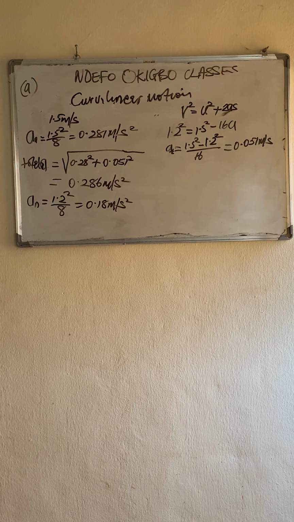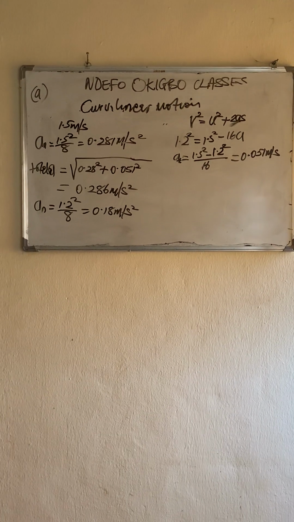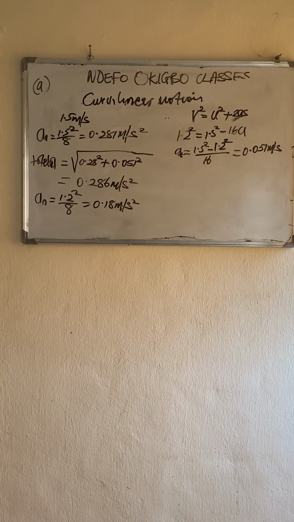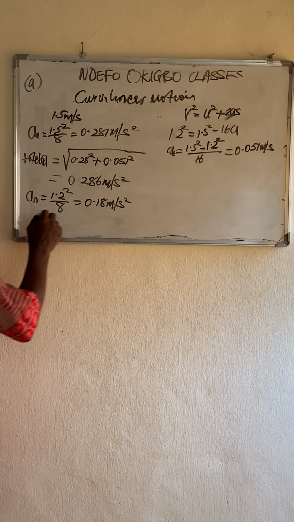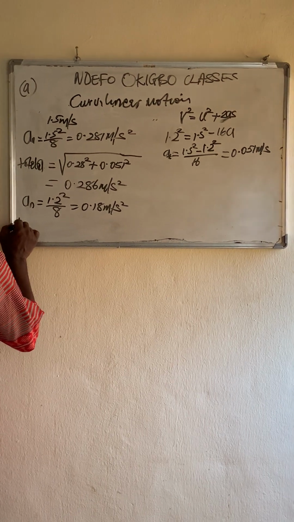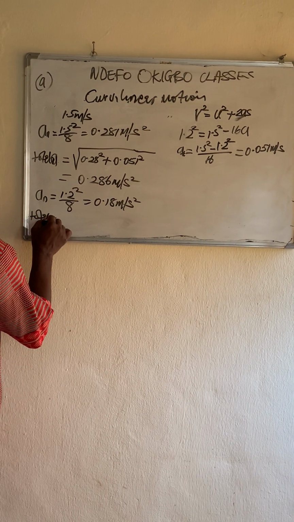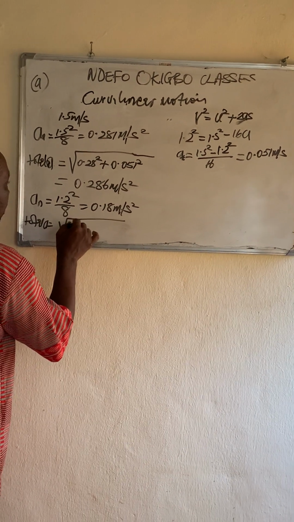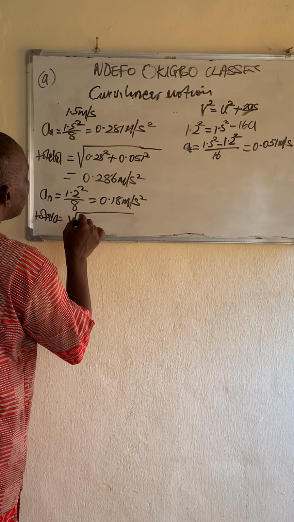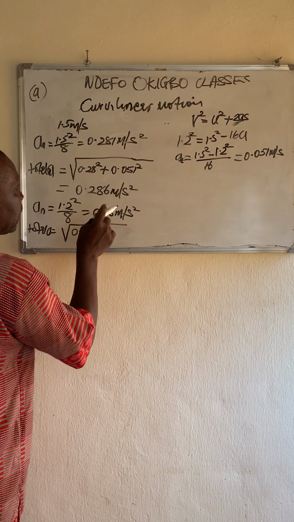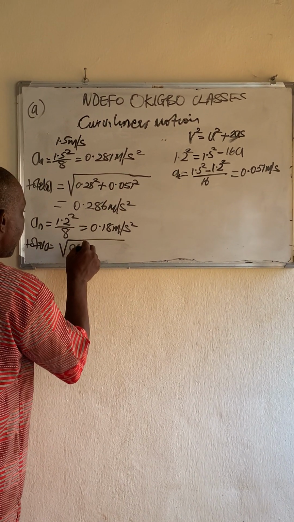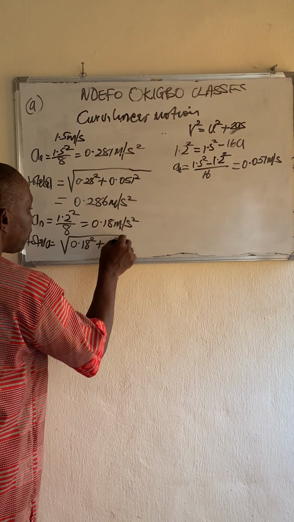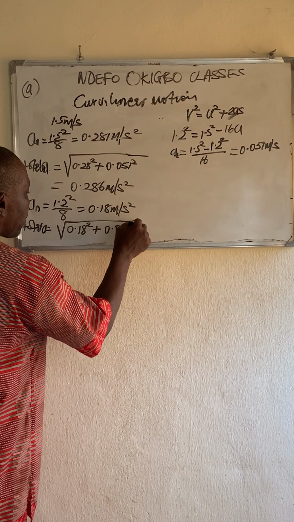To get the total acceleration, the same way, because we already have the tangential acceleration, the total acceleration is equal to the square root of 0.18 squared plus 0.051 squared.